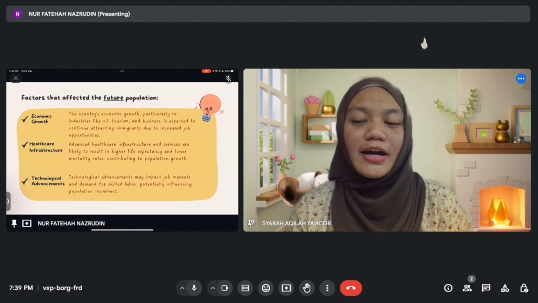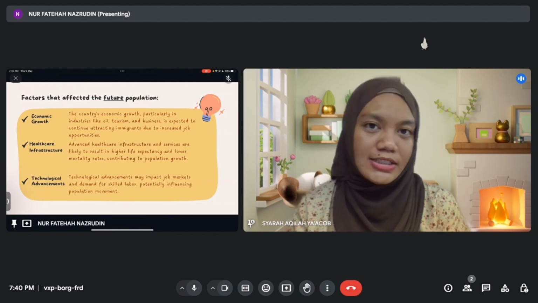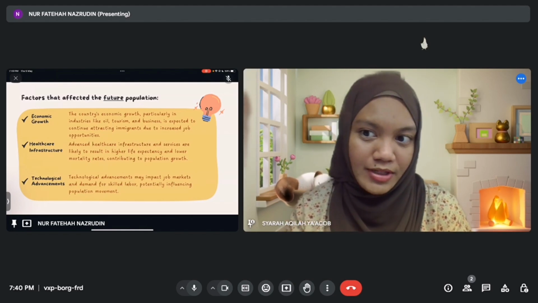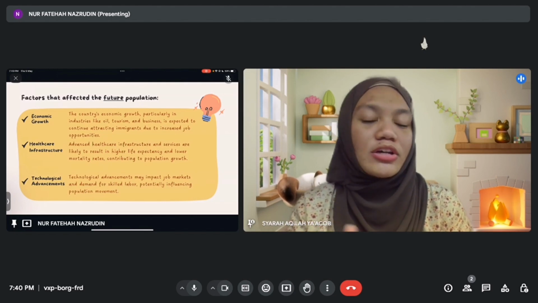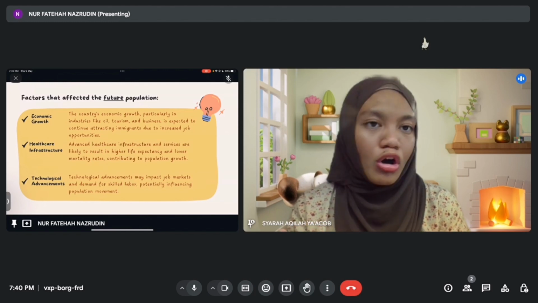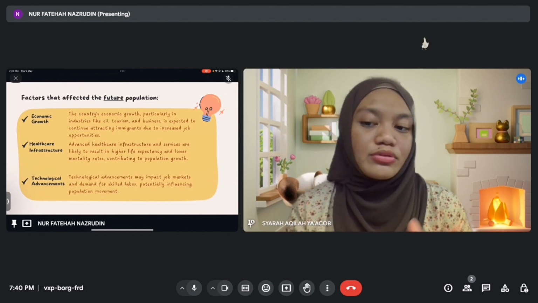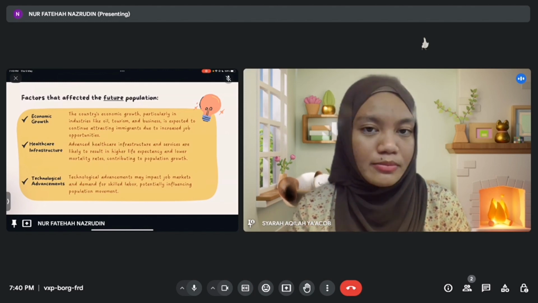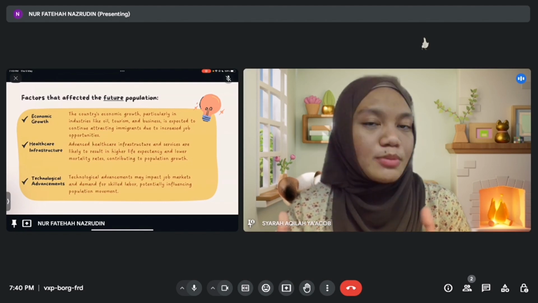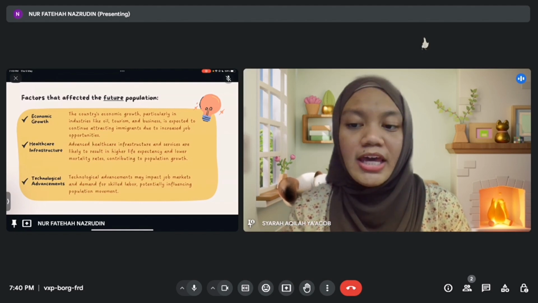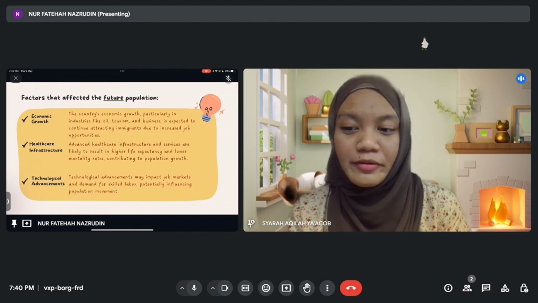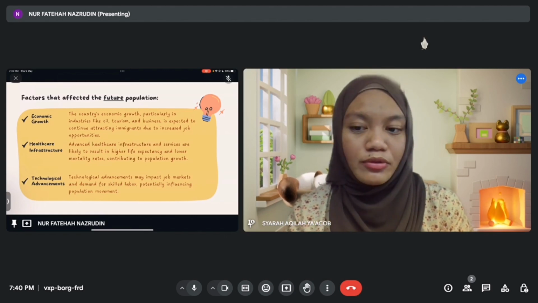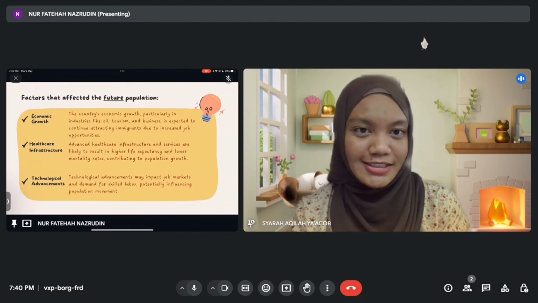Moving on, now we go to the factors that will affect the future population. Firstly is economic growth, particularly in industries like oil and tourism. As we all know, UAE is known as a tourist attraction, especially among Muslims, where every year millions of people come to do Umrah and Hajj, as well as good businesses. This will attract more immigrants in future due to increasing job opportunities.